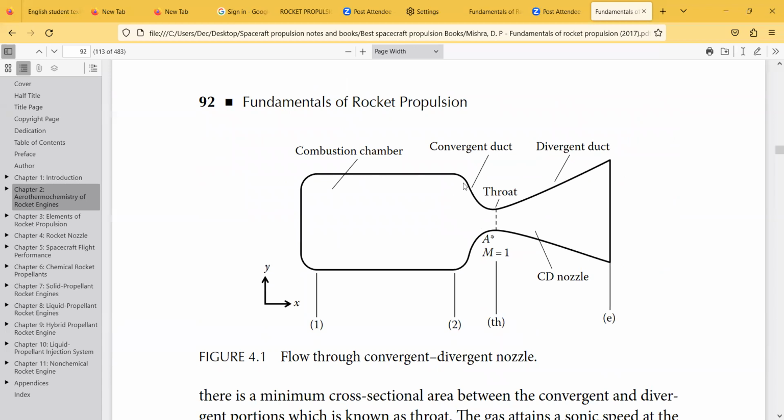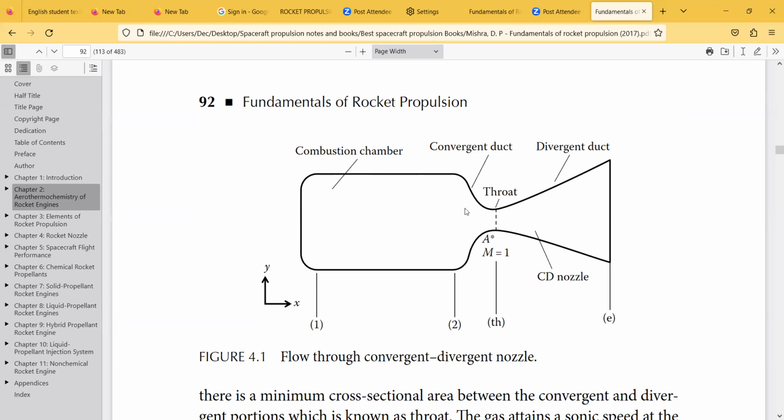The convergent duct starts after the combustion chamber, and in this section the Mach number is less than 1. That is subsonic flow, where the velocity is low, but high pressure is there.